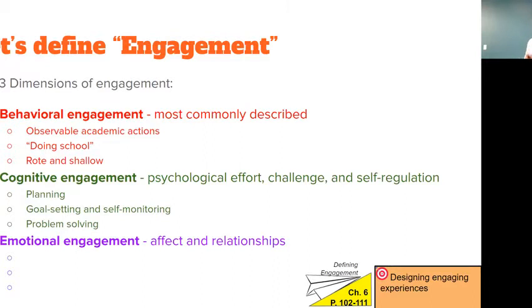When students and scholars are emotionally engaged, we're looking for that interest, that affect, those relationships. So when students and scholars are emotionally engaged, they're discussing and questioning. They show curiosity, and they're seeking help, often in the form of feedback.